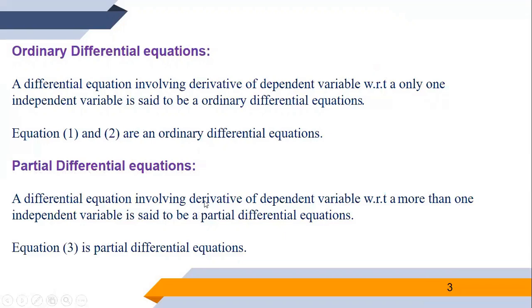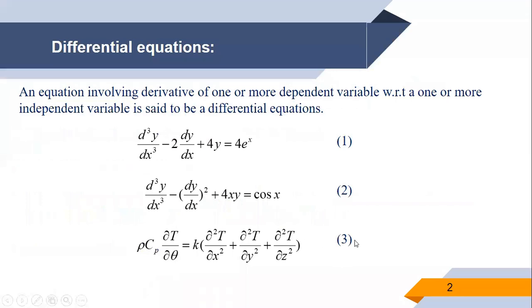So ODE means only one independent variable, and PDE means the derivative of dependent variable with respect to more than one independent variable. In the previous slide we discussed equation number 3, where t is a dependent variable but theta, x, y, z are all independent variables, and here the independent variables are more than one.